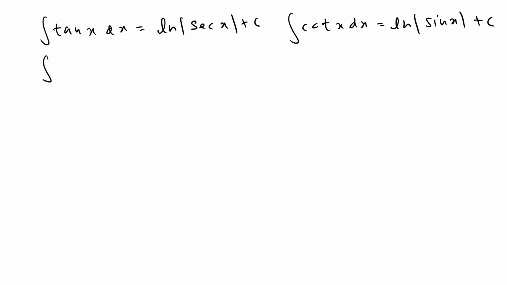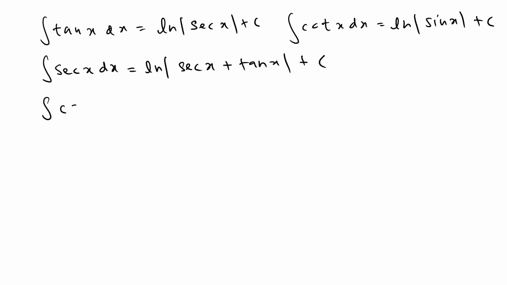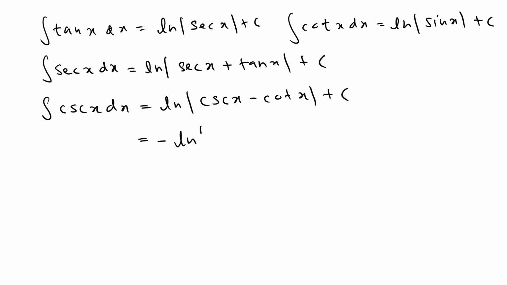Then we have the integral of secant x dx, which is natural log of secant x plus tangent x plus c. And then the cosecant, which has two versions: one has the negative sign inside, like that, and one has the negative sign outside, like that. Those are the formulas that you want to remember.